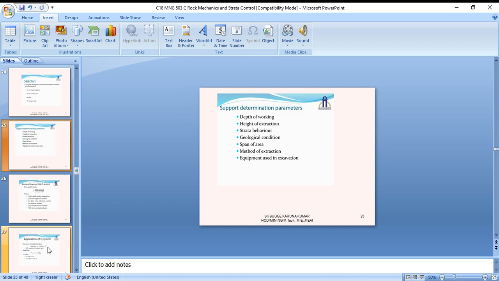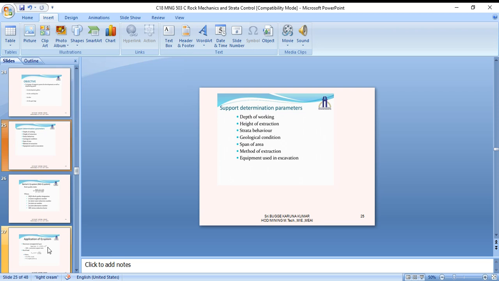The parameters for support determination are the depth of working, height of extraction, strata behavior, geological conditions, span of the area, method of extraction, and equipment used in the excavation, which are important for the estimation of load.